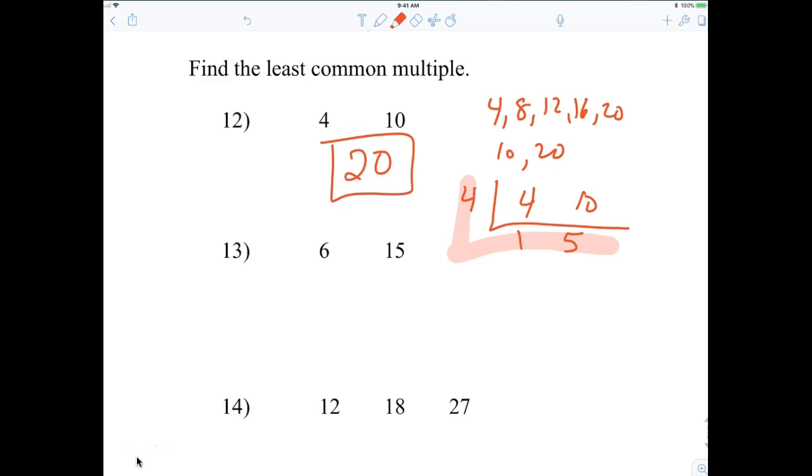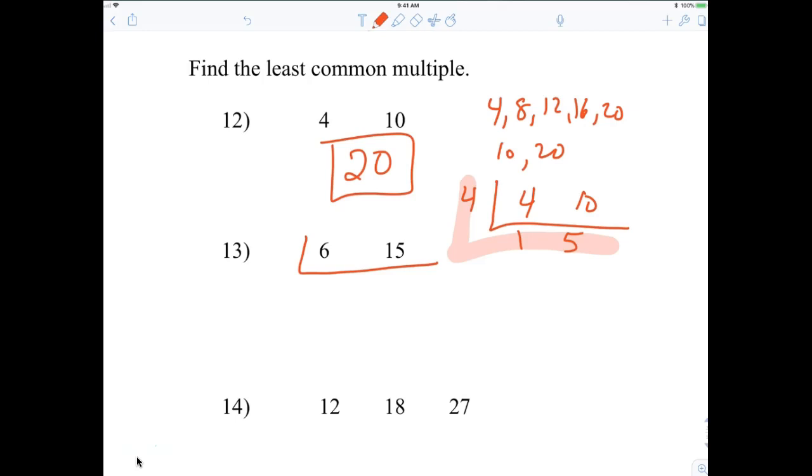All right, 6 and 15. Thomas, 6 and 15. What goes into both of those terms? What number goes into 6? 3 does. Very good. So when you put 3 there, off to the side, what do you end up with? 2 and 5.